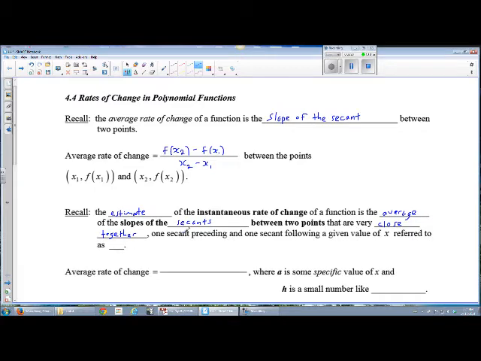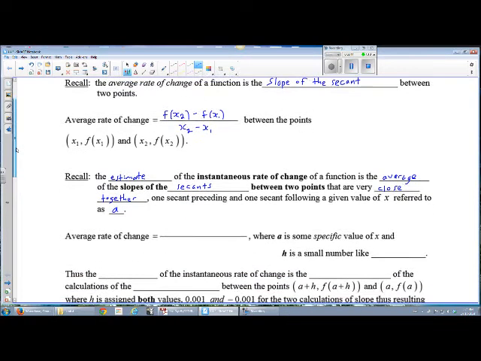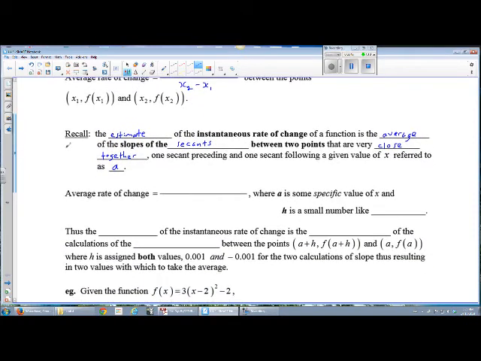One secant preceding and one secant following a given value of x, referred to as a. That's just the name that we give that specific value of x, where we're focusing to find the slopes of the secants preceding and following.